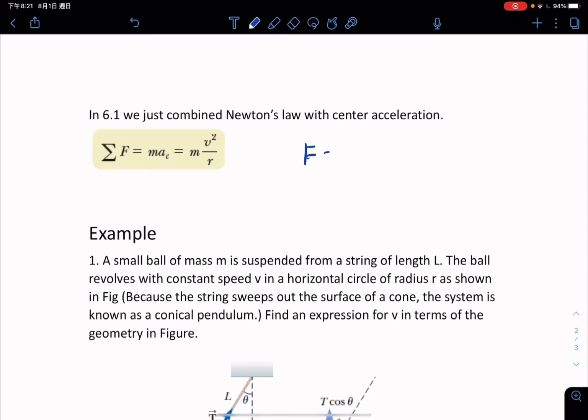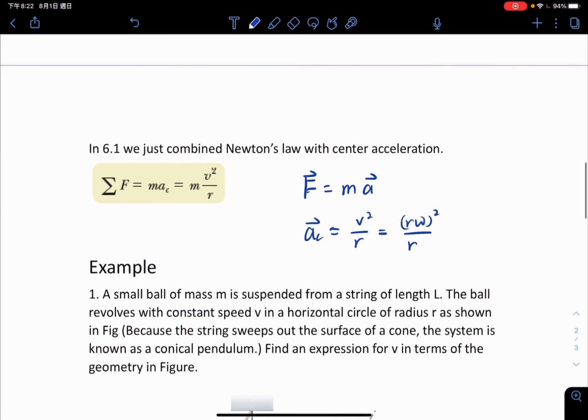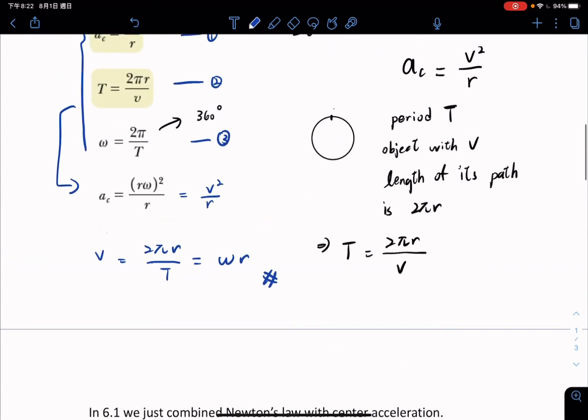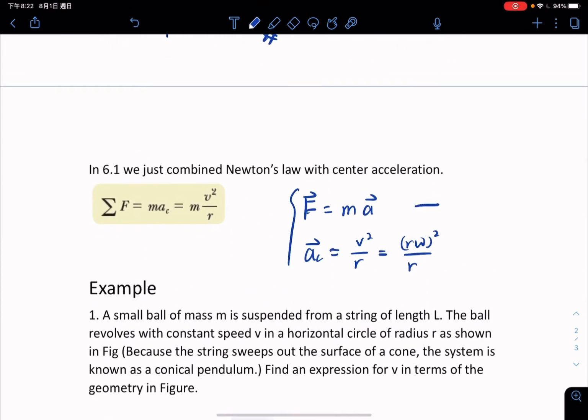F is equal to mass times acceleration, where a describes the centripetal acceleration, which is a vector, and a is equal to v squared over r, which is equal to r omega squared. So we just have to combine these two formulas in this chapter.